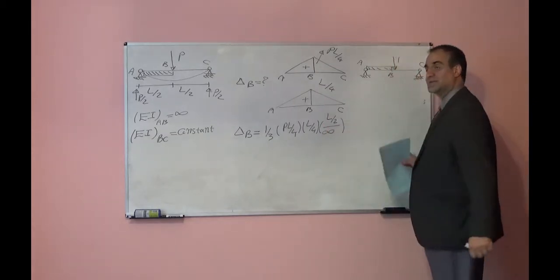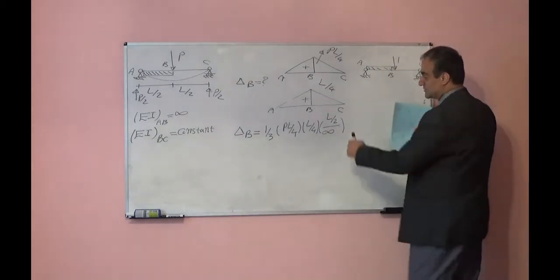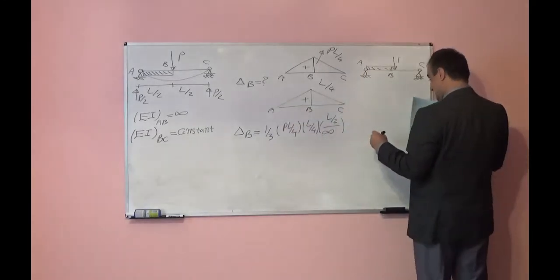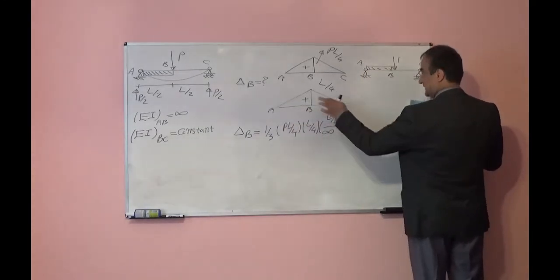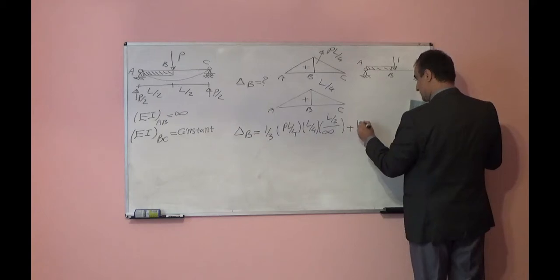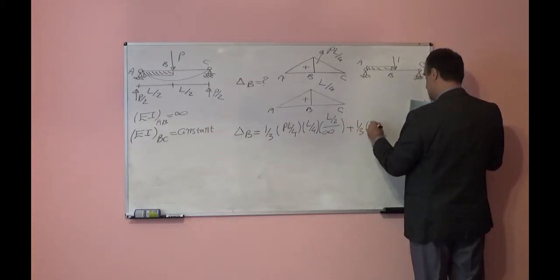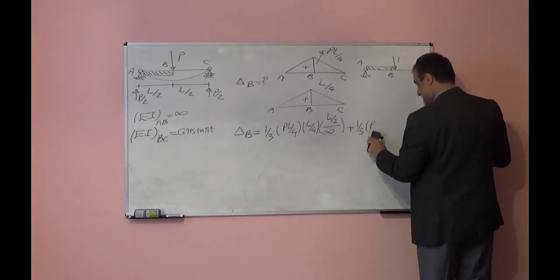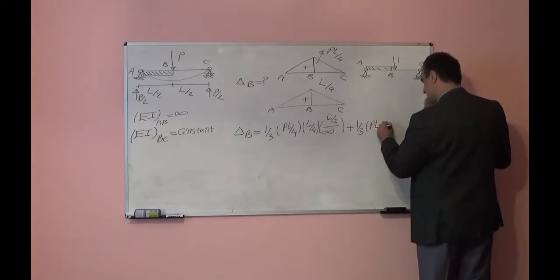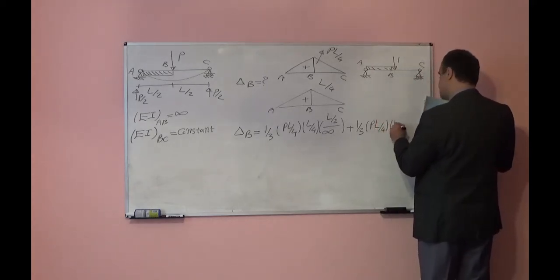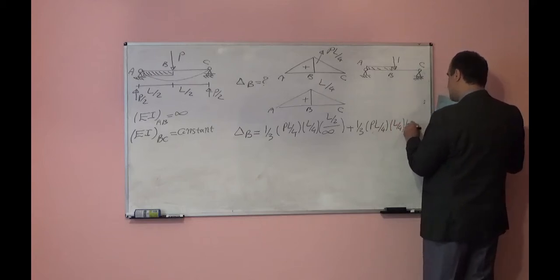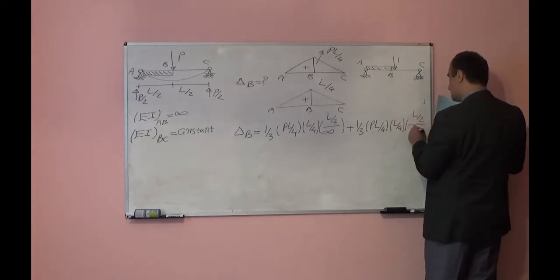EI for that part is infinity, so this term will be 0, plus triangle to triangle, 1 over 3 times PL over 4 times L over 4 times L over 2 divided by EI.